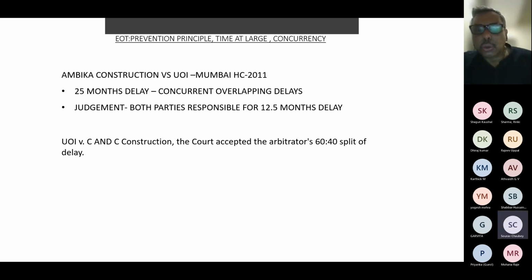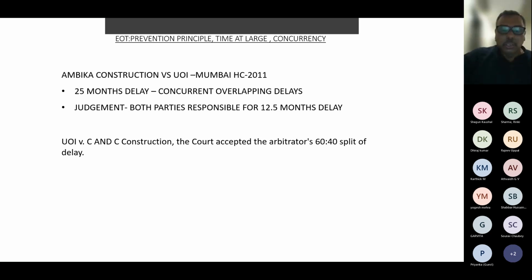So the main point is that if you do not add a clause on concurrency and overlapping delays, you will land up in situations like this, which will benefit one party and be unfair to the other. These kinds of decisions are not fair to both parties.